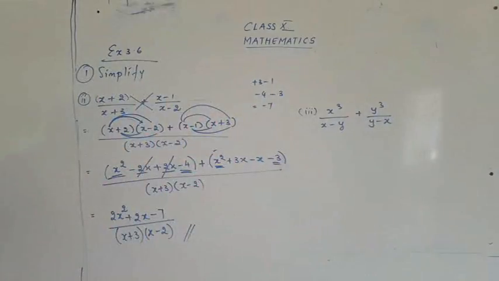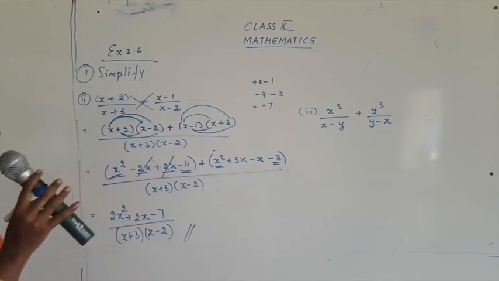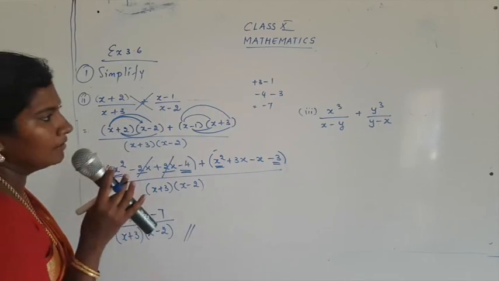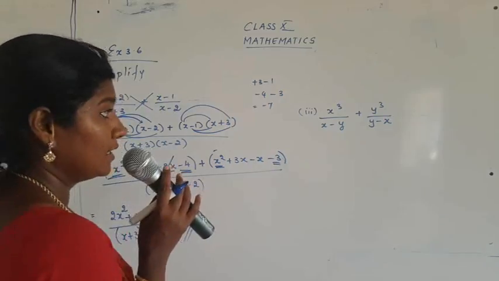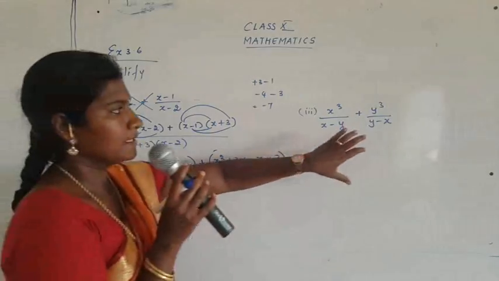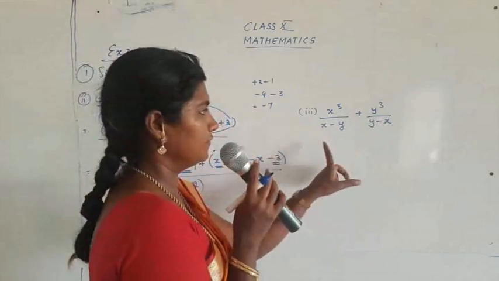Now here, just see your denominators carefully. At this moment, we cannot say the denominators are like, because for the first part it is x minus y, and for the second part the denominator is y minus x. But we can change the second denominator in terms of the first denominator.